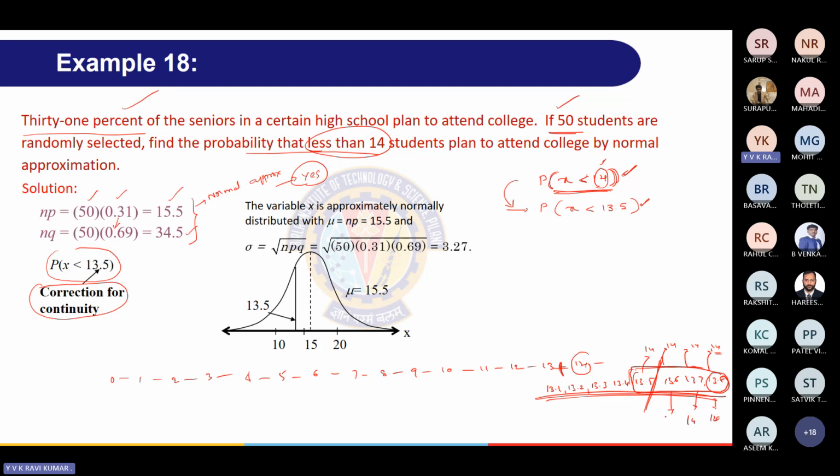This is 13. So aren't we considering these values in P(X less than 13.5)? So actually between 13 and 14, you'll have two halves, where the first half, if you adjust it, is 13, second half is 14, right? But here it is strictly 14, which means better not to add this part. That is what they have done.